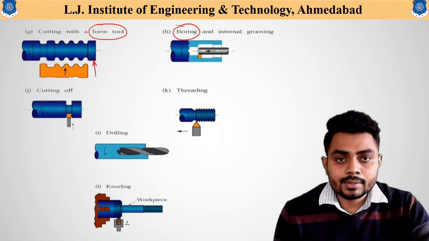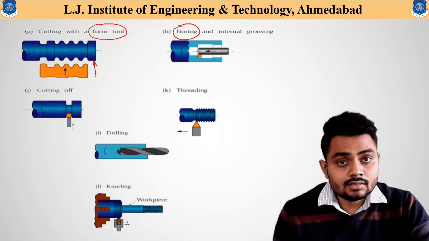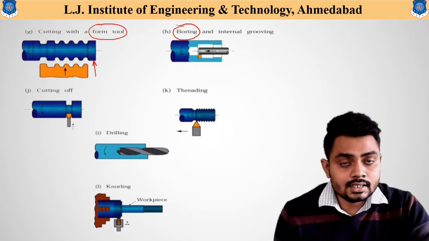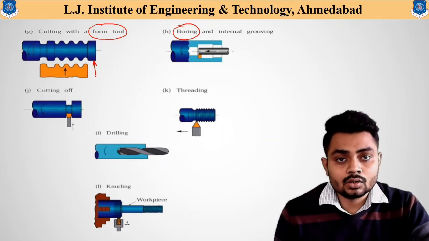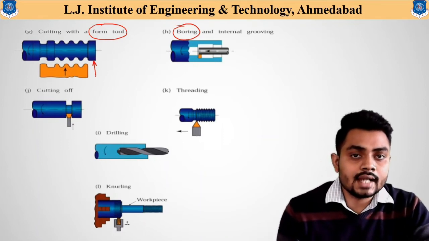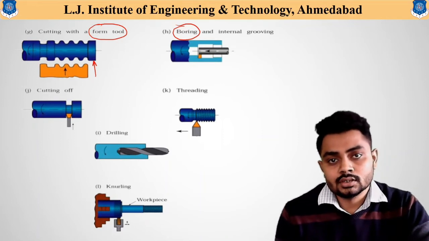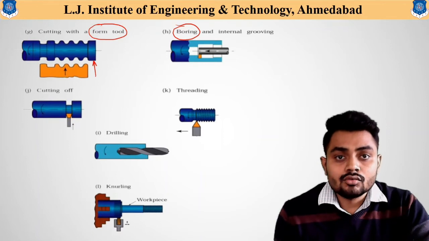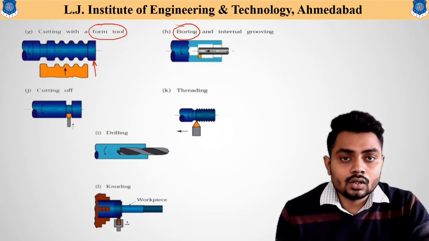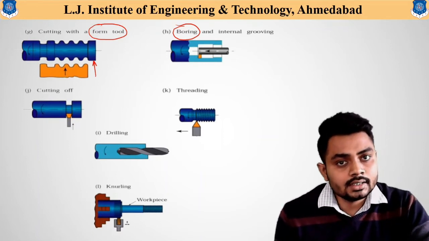Now the next one, that is the boring operation. The boring operation, in other words, is the operation which helps us to enlarge the already existing diameter in the component. Or in another word, boring is the operation with which one can enlarge the already existing hole in the component.